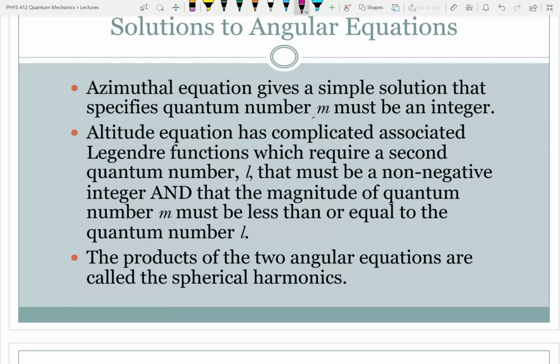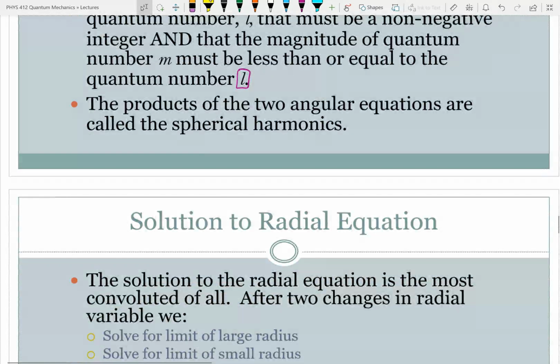The azimuthal solution introduced one quantum number. The altitude introduced another quantum number and the requirement that m can't be greater in magnitude than L. So m could be anywhere between minus L and plus L, but that was it. And together those gave us our spherical harmonics.